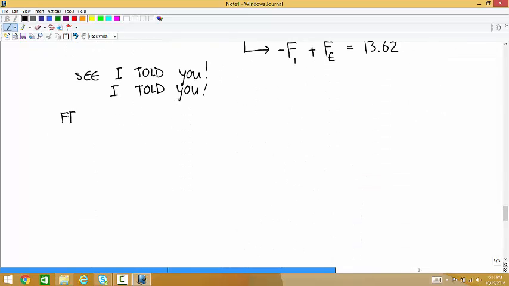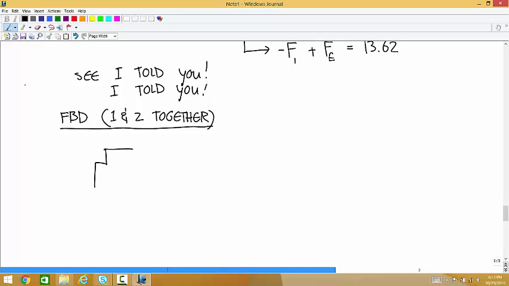Okay, so free body diagram of the 1 and 2 together. Okay, so outline looks something like that.